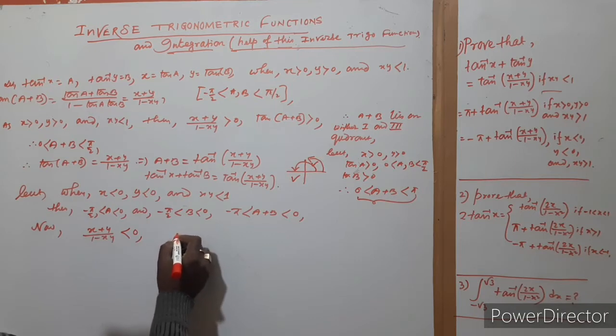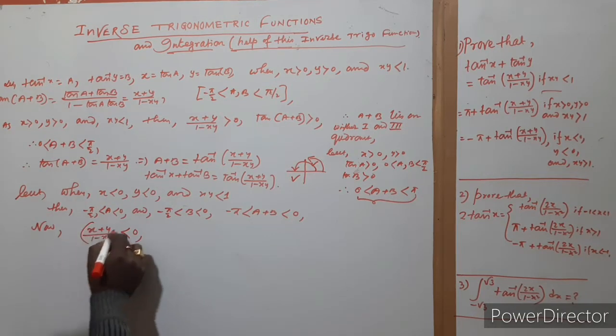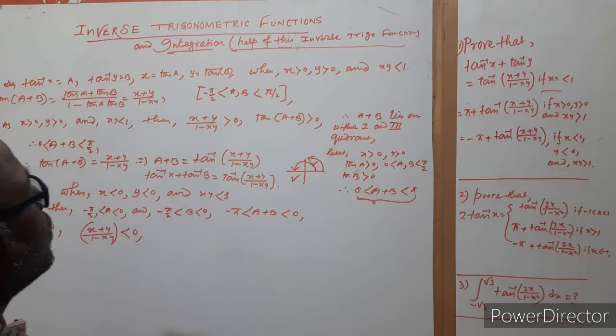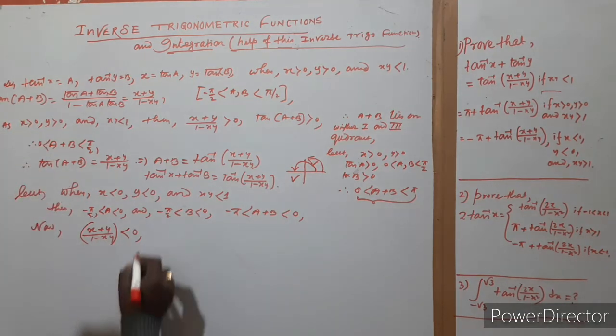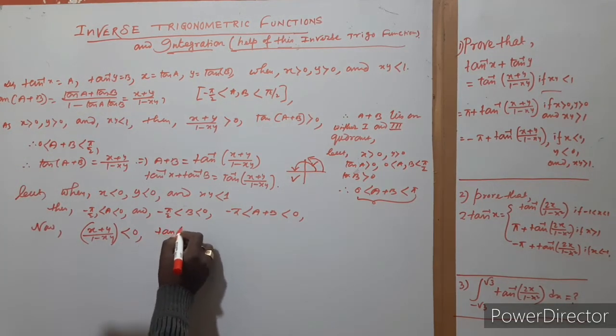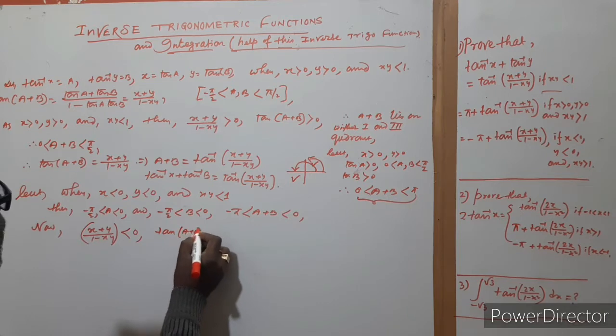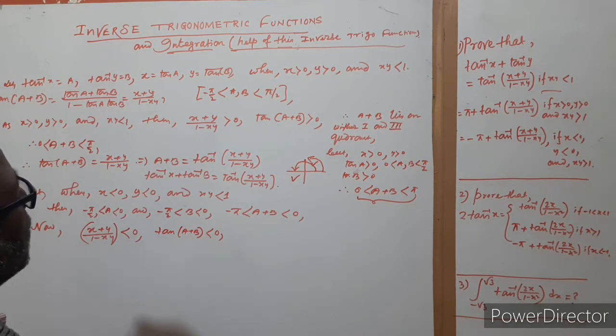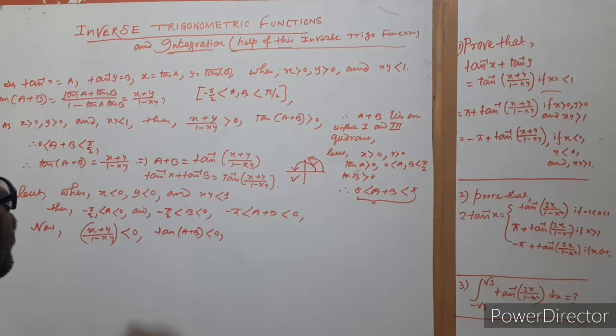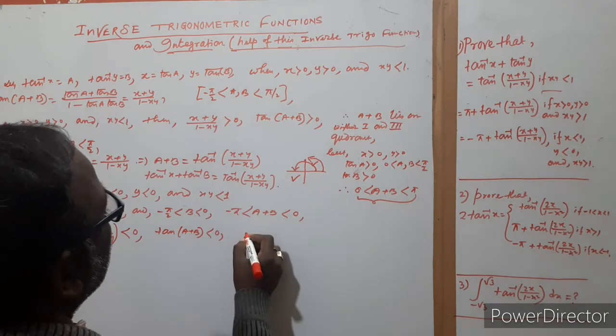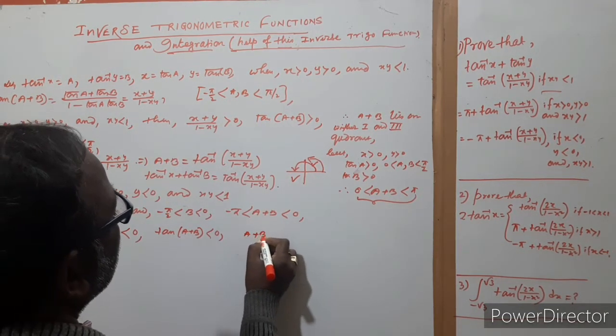So therefore this is negative. So tan of a plus b is less than 0.